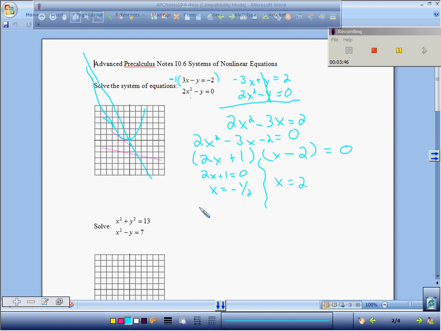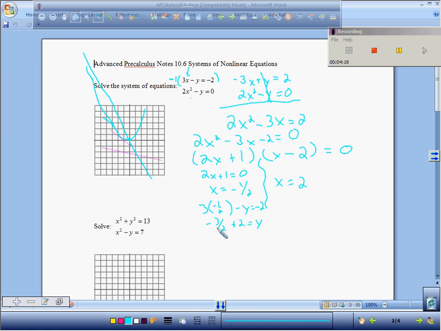But then you also have to find y. You take those and plug them into the easier of the 2 equations, which would be this one. If I plug in 3 times negative 1/2 minus y equals negative 2, I get negative 3 over 2 plus 2 equals y.